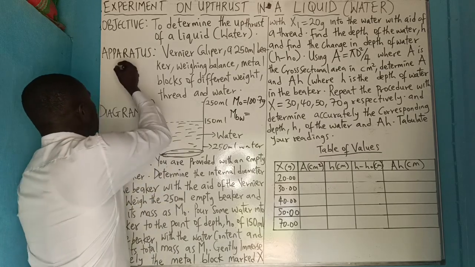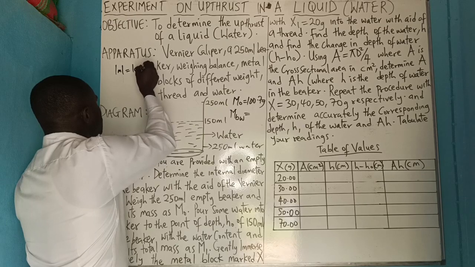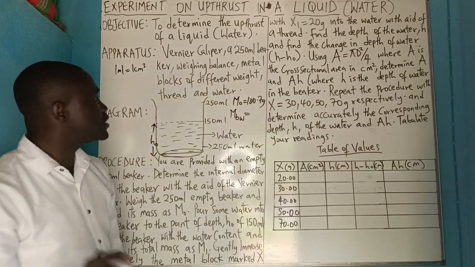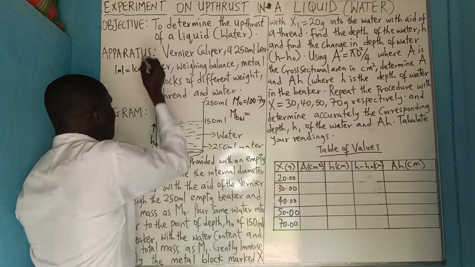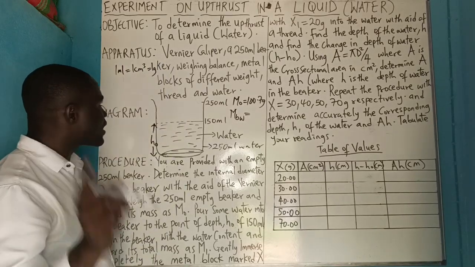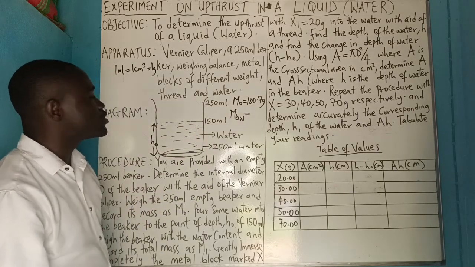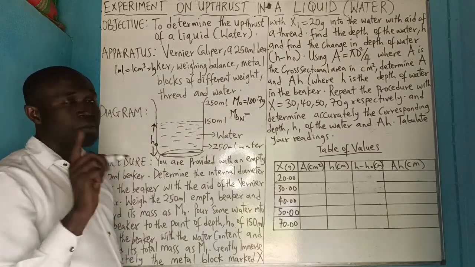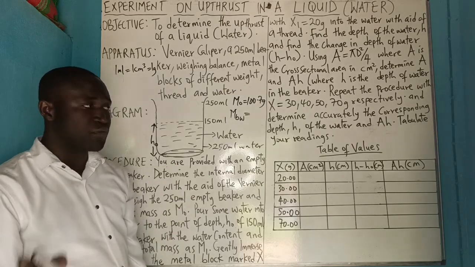One is that 1 ml is equal to 1 cm cube, and is equal to 1 gram. We are getting it this way because we said that density is equal to mass over volume, and mass is equal to density times volume.